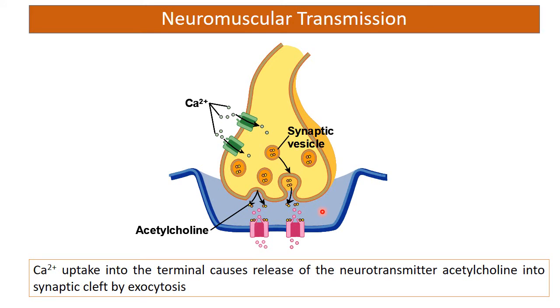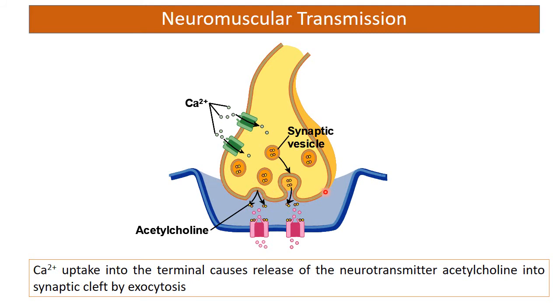The calcium ions are believed to activate calcium calmodulin dependent protein kinase, which in turn phosphorylates synapsin protein that anchors the acetylcholine vesicles, frees them from the cytoskeleton and draws them near the release site of the presynaptic membrane.